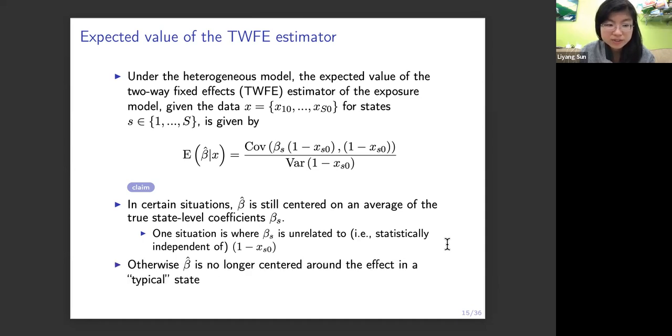In a more general situation where beta S and X S,0 can be correlated, as we discussed earlier, this correlation can cause the two fixed effects estimator to behave rather poorly, in the sense that its expected value is no longer close to the effect of a typical state.